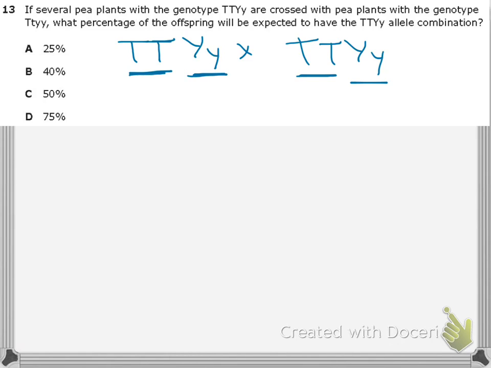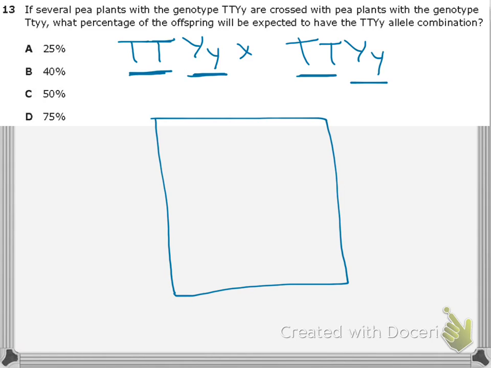Now, in order to do this, there are a couple different ways we can do it, but I'm going to teach you the full way to do it because I want to make sure you know how to do this. And in our Punnett square example, we only had 4 boxes because we were going to put the 2 genes up top here and here from one parent and the 2 genes here from the other parent.